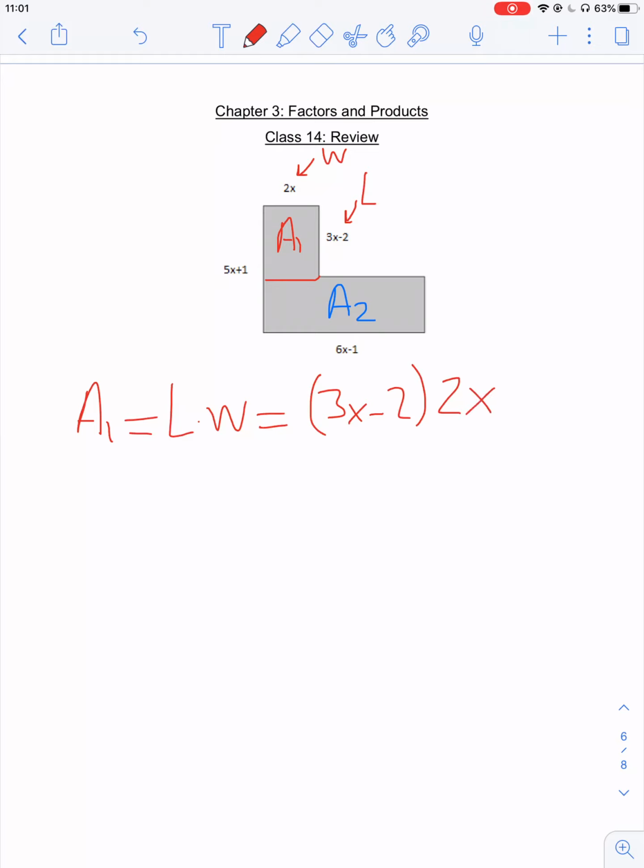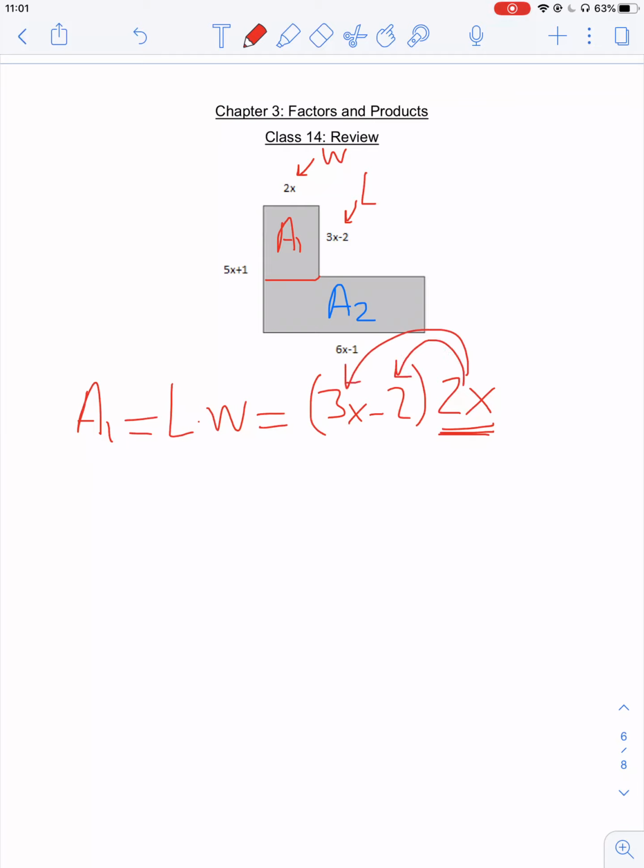Okay, so usually in algebra, the 2x is in front, but in this case, because of the way we've written the formula, the 2x is on the back side, okay? It doesn't matter where you put the 2x, but whenever you have a 2x outside the bracket, you have to distribute this, right? So we're going to distribute this.